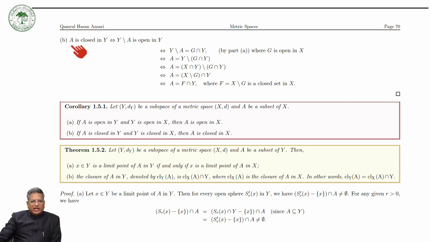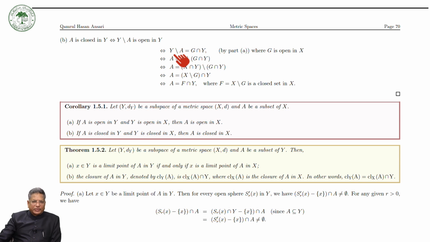So we have to prove that A is closed, which is the same as saying that A is closed in Y. It is equivalent to saying that the complement of A in Y is open in Y, which is the same as saying that the complement of A in Y is equal to G intersection Y, by part 1, because this is an open set.